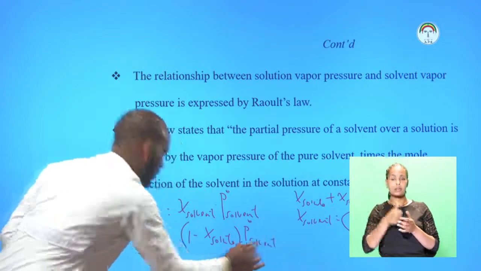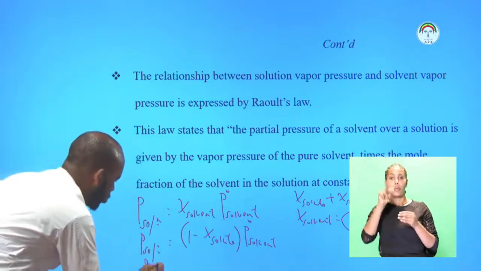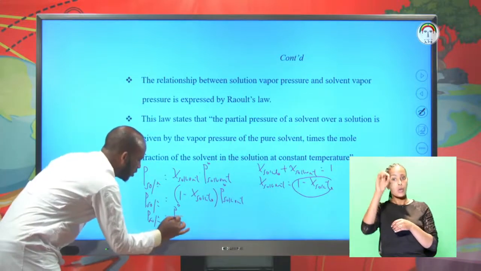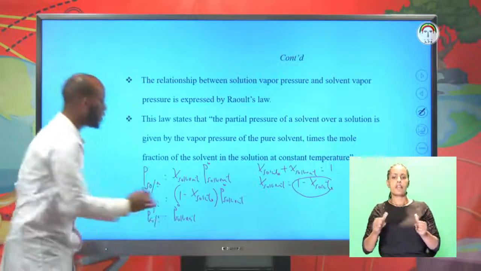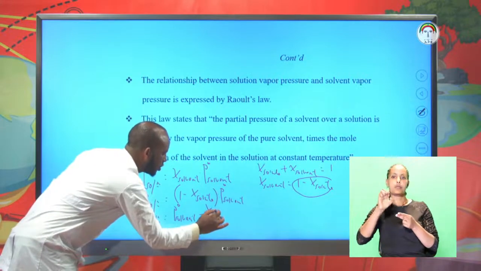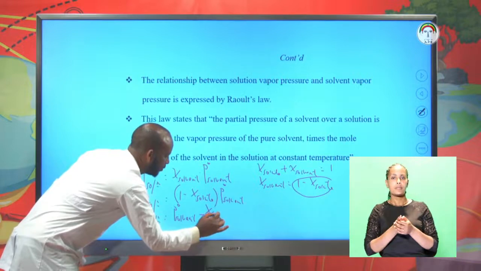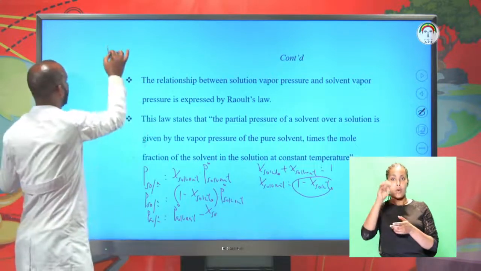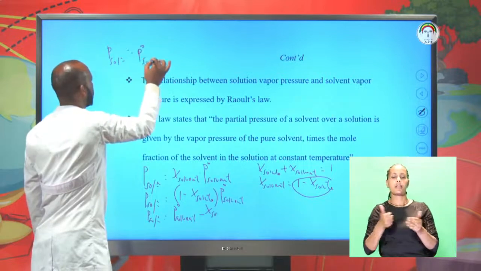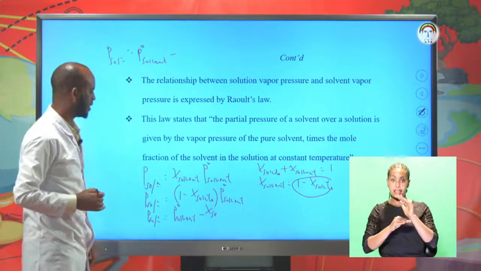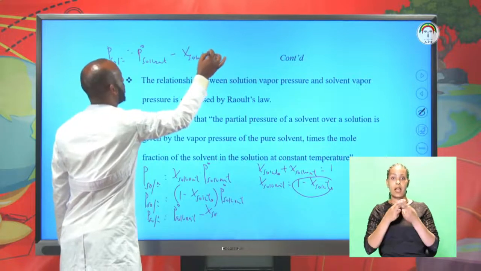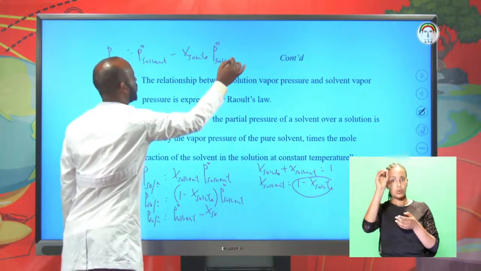P of the solution equals 1 times vapor pressure of pure solvent, P naught of the solvent, minus P naught of the solvent times mole fraction of the solute. So P of the solution equals P naught of the solvent minus mole fraction of the solute times vapor pressure of a pure solvent, P naught of the solvent.